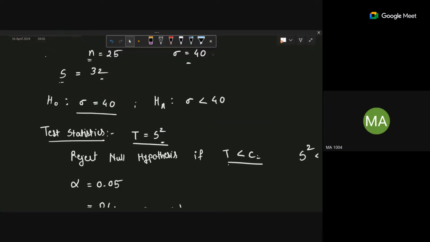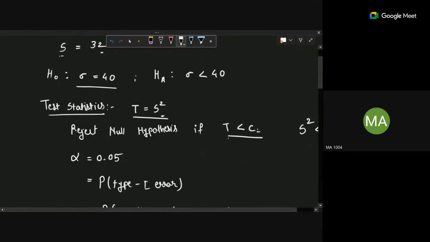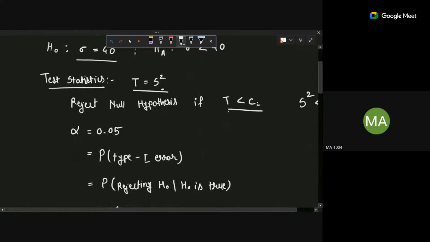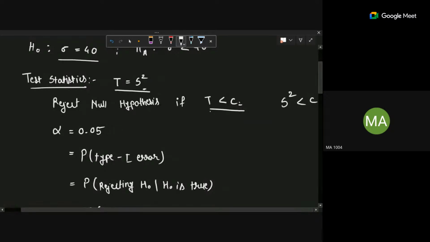Now the question arises whether the standard deviation is 40 or the claim is not correct, right? So we say that the null hypothesis is sigma is 40 and the alternative is, let it be, less than 40, right? Then we decided our statistic, which is nothing but S square, right? And we will reject the null hypothesis if this value will be less than some critical value C.